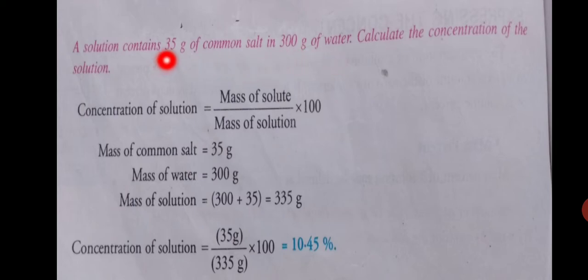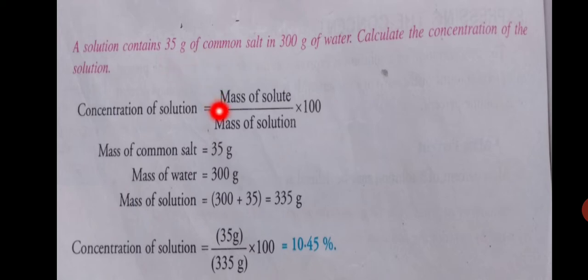How do we get the solution? While mixing these two, solute and solvent, we get the solution. It is not given as a solution. It is dissolved in 300 gram of water. That means in 300 gram of water, 35 gram of common salt is dissolved.